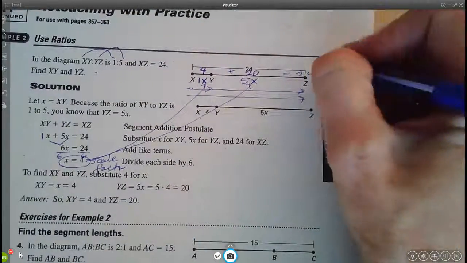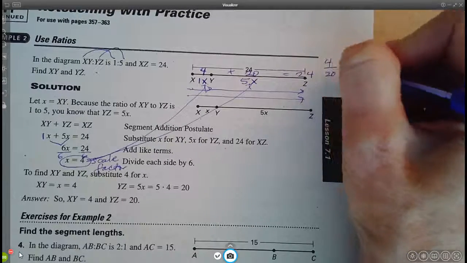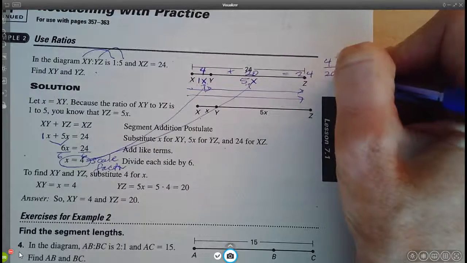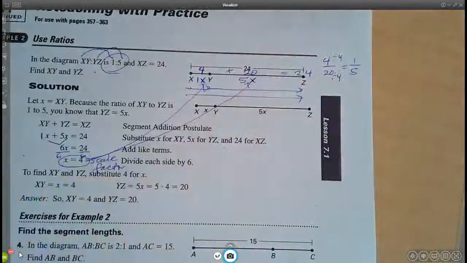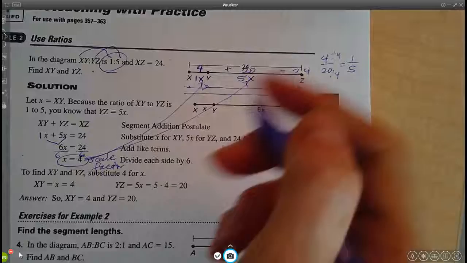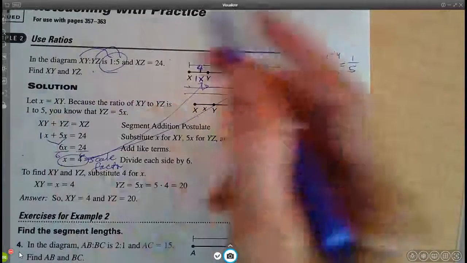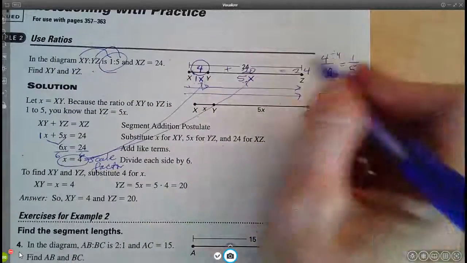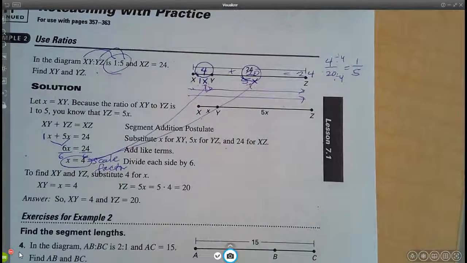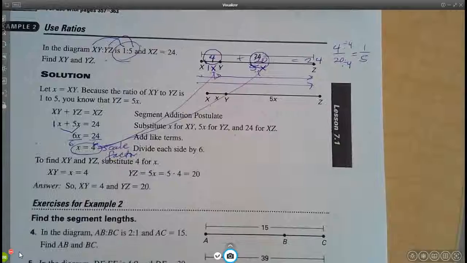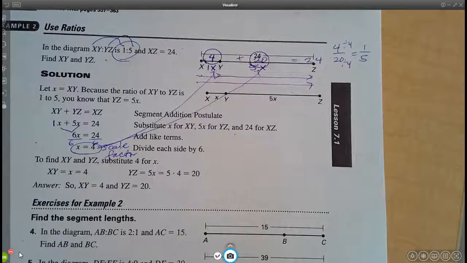And the ratio of 4 to 20 is equivalent to 1 to 5, which is what we started with. Okay, so those are ways I can check. So they asked me to find the length of xy, 4, and the length of yz, 20. I've completed that task using an understanding of ratios.